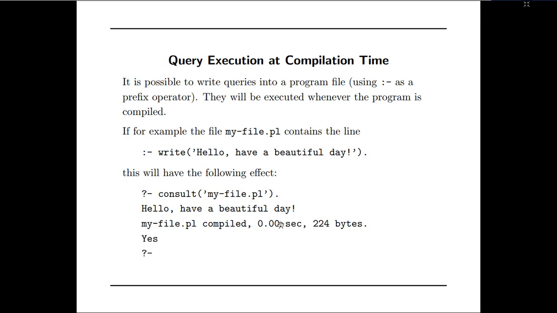Once it has printed the output, finally it will give you the compile time taken to compile and print the result, and the final byte code. So this is the way it will print. In order to go for query execution at compile time, you have to prefix colon hyphen before the statement, so that it will be printed onto the screen once it is compiled.